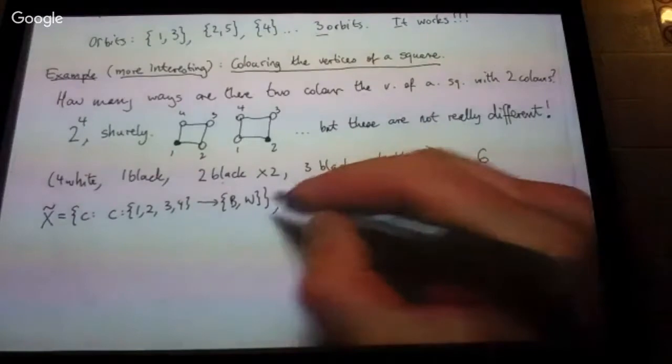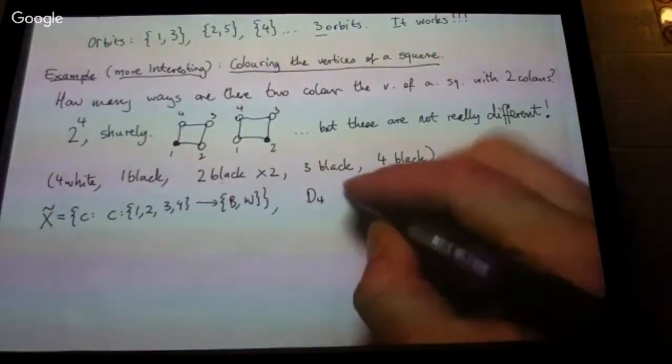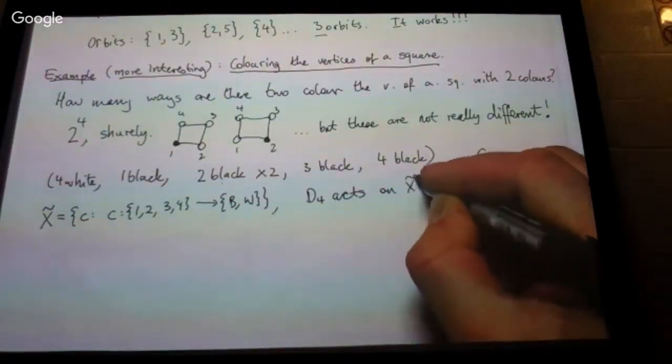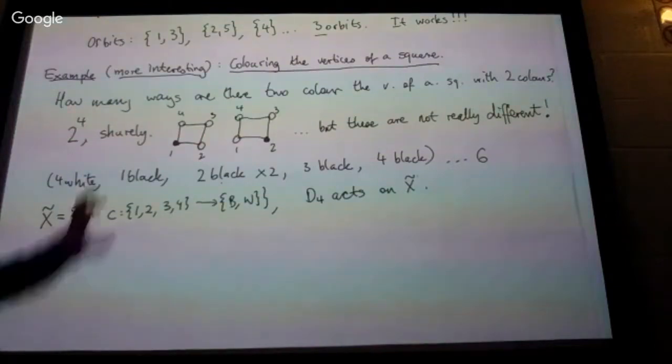And we've got the dihedral group, which is the group of symmetries of the square, that gives us all the things.